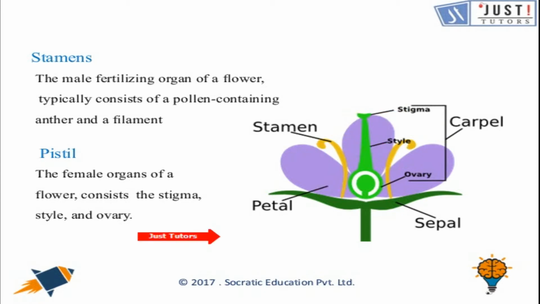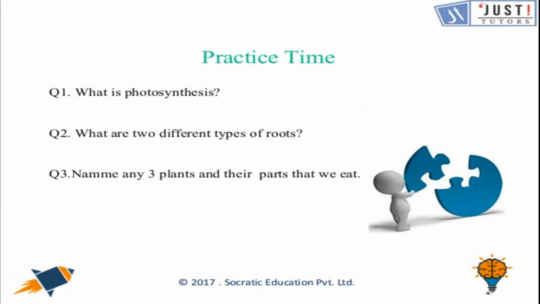Now moving forward here, we are on to the practice time. You can pause the video and think about the answers. Question one is what is photosynthesis? As we have discussed, photosynthesis is the process by which plants make their own food, with the help of carbon dioxide, chlorophyll, water, and sunlight.